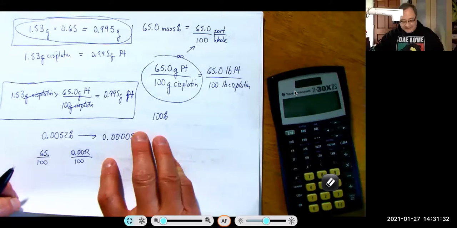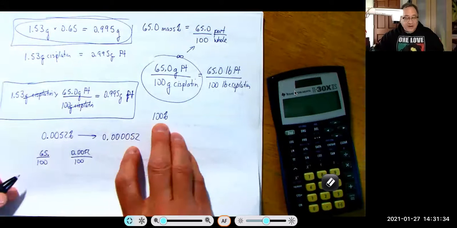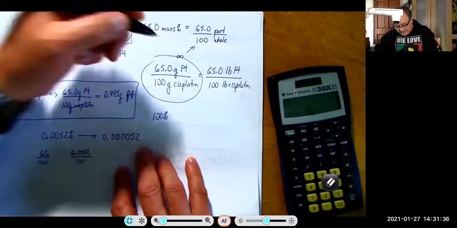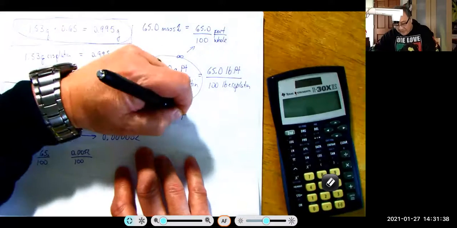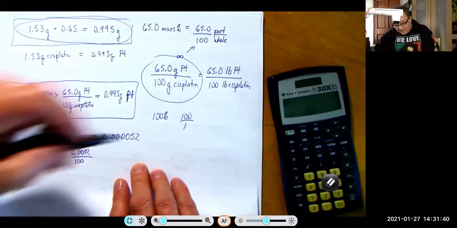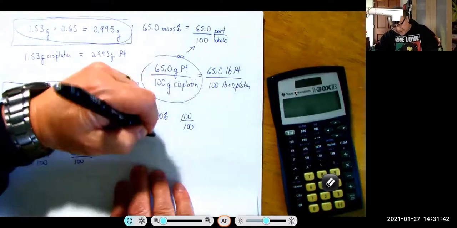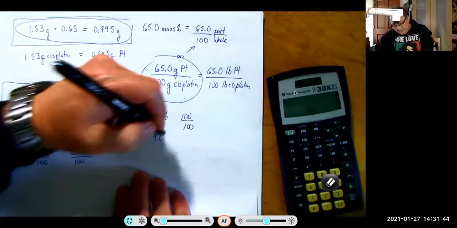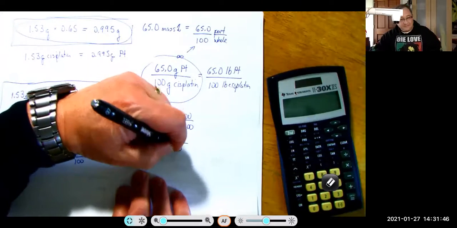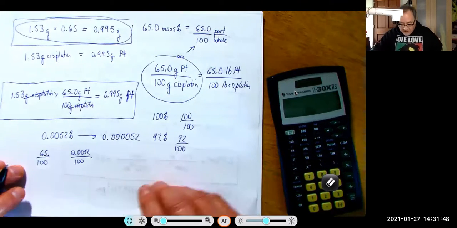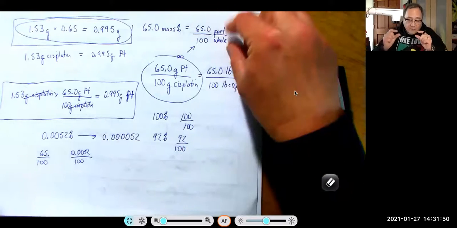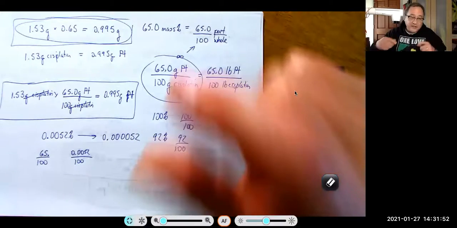Oh, it's easy. So instead of writing 100%, what do you write? 100 over 100. Instead of 92%, what do you write? 92 over 100. And just remember, the top part is the smaller part. The bottom part is the whole.